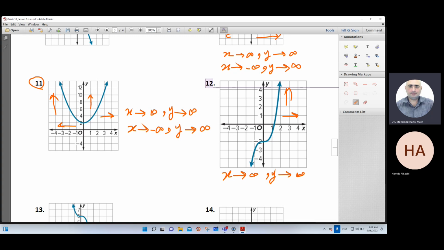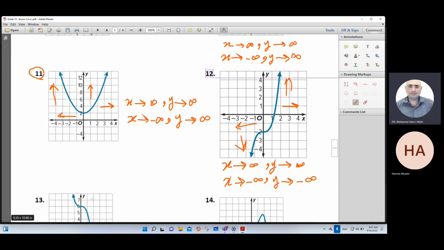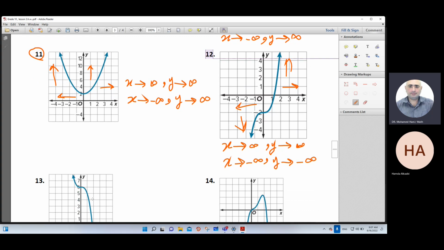And when you go left here down, the value of x will be decreased and also the value of y will be decreased. Okay.